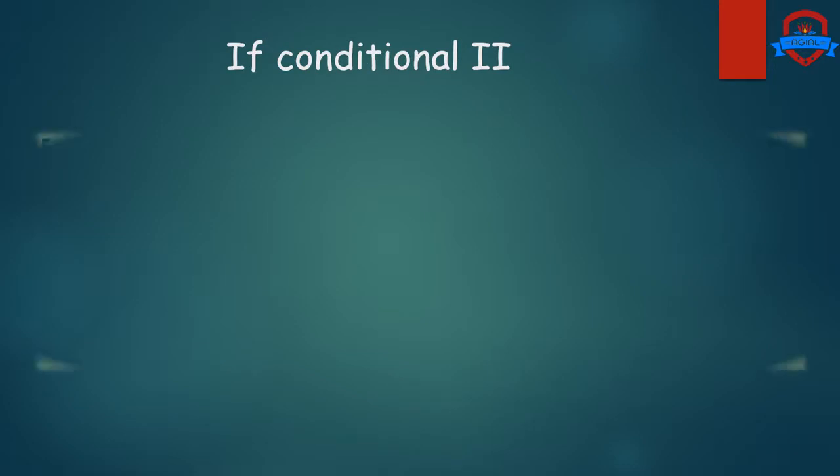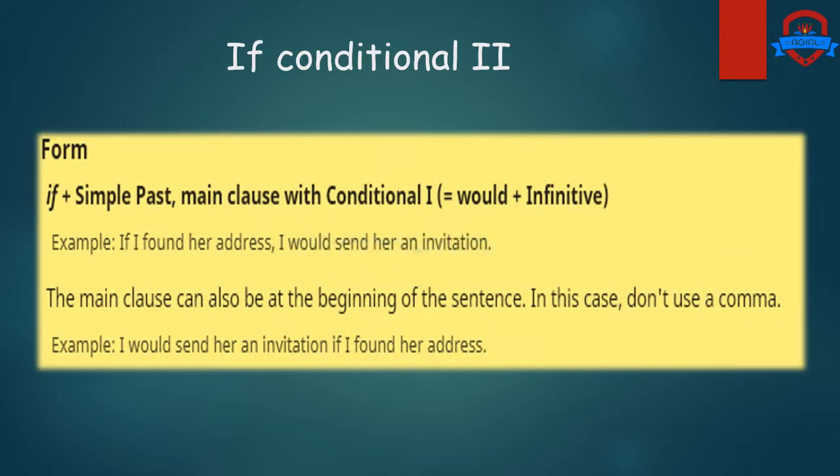If conditional number 2. Here is the form. If plus simple past, main clause with conditional I, would plus infinitive. Example. If I found her address, I would send her an invitation.